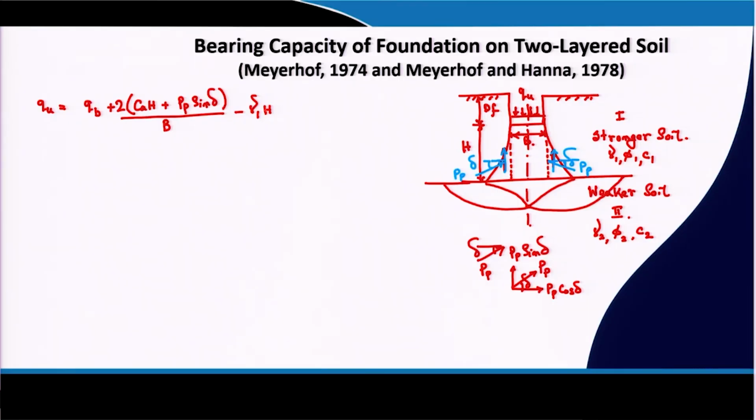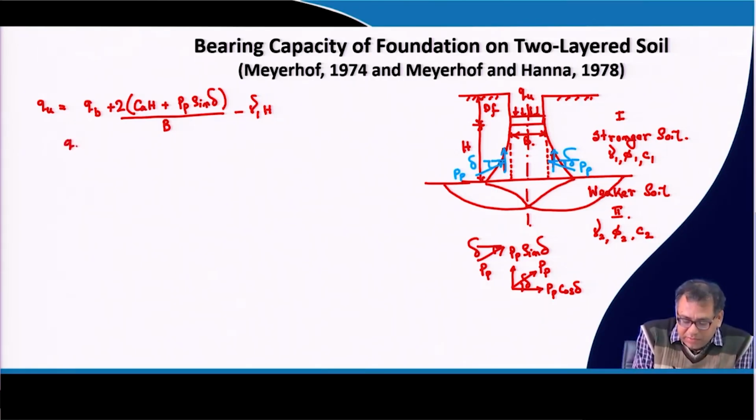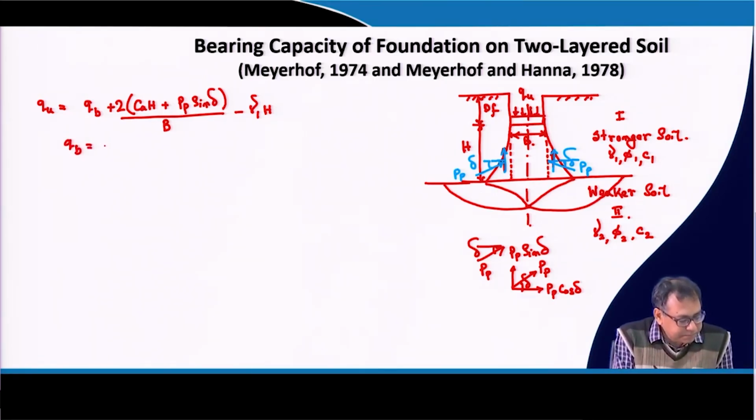I am just explaining that. So, now your Qb is the bearing capacity of the base soil.